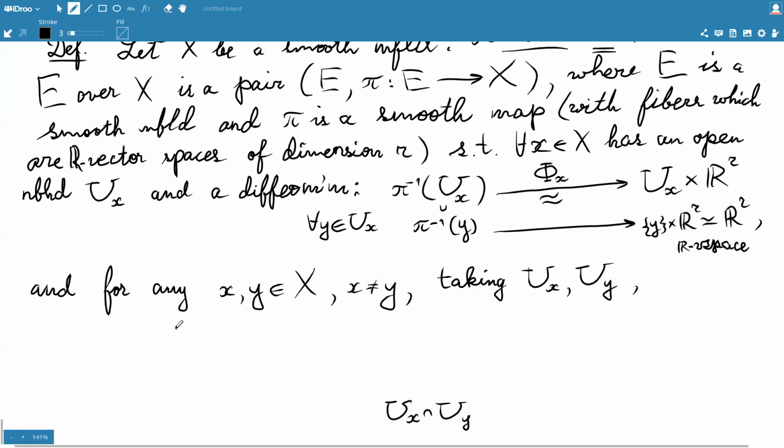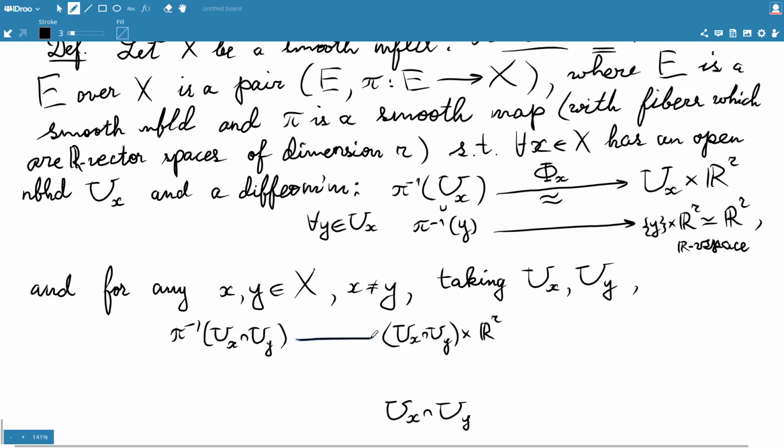So if I take pi to minus 1 of Ux intersected with Uy, and respectively Ux intersected Uy times R to the power r.